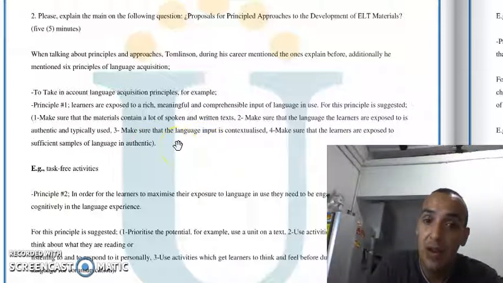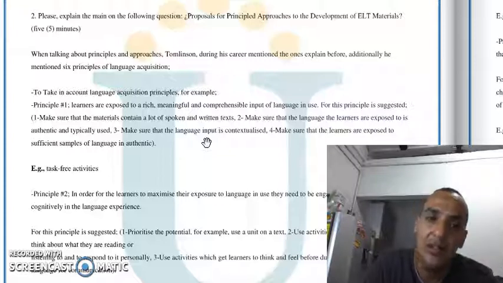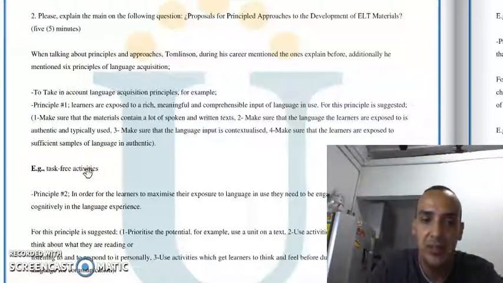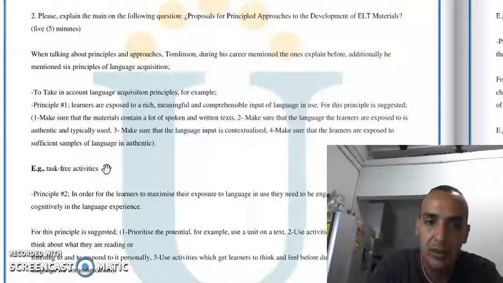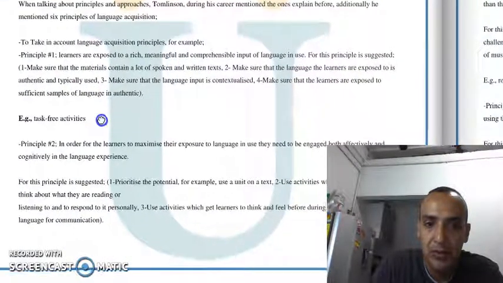Make sure that the language input is contextualized. Make sure that the learners are exposed to sufficient samples of language. In what activities can we adapt these principles? Probably in text-based activities. Now let's continue with principle number 2.